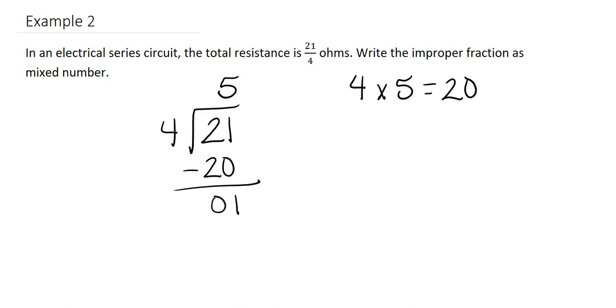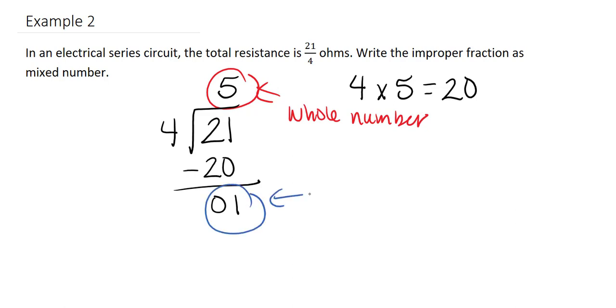So now we have our mixed number kind of all spread out. This is our whole number because it can go into it that many times. Then we have our remainder, which is our new numerator.